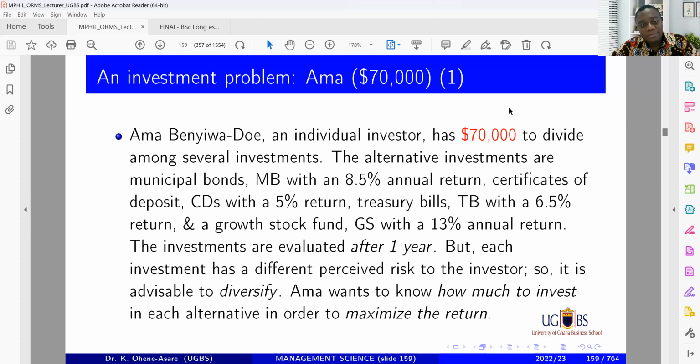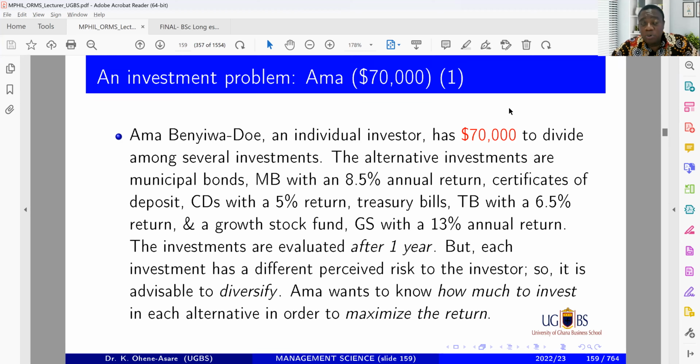Are we talking about returns from the individual alternative investments, or at the end of the day, after the returns have come on the individual ones, the total amount she's going to get? This is the total return. The total return from individual investments.